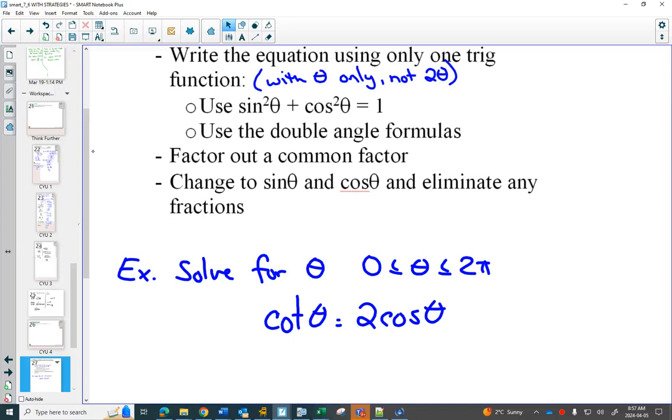So even though I'm solving, currently I cannot solve this because I have a cotangent and a cos. And it is impossible to solve something if you have two different trig functions. Now there's no way to change cotangent to cos or cos to cotangent directly.